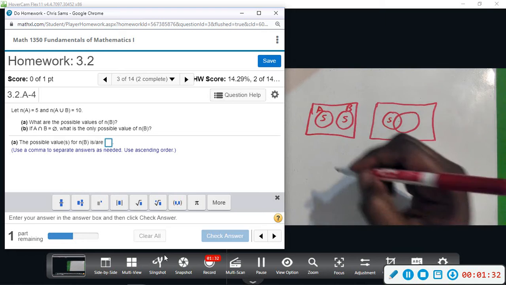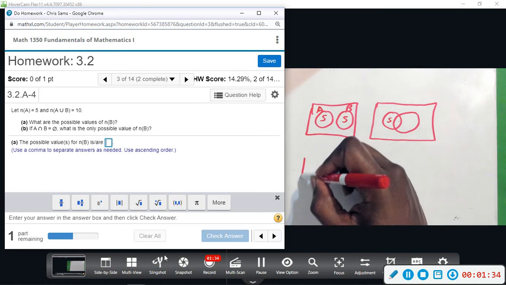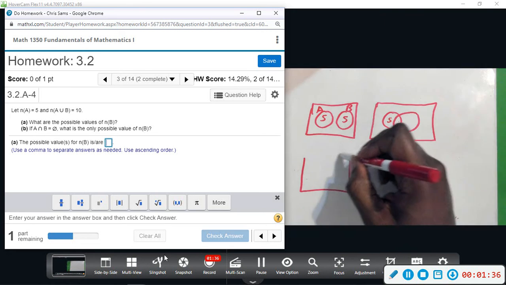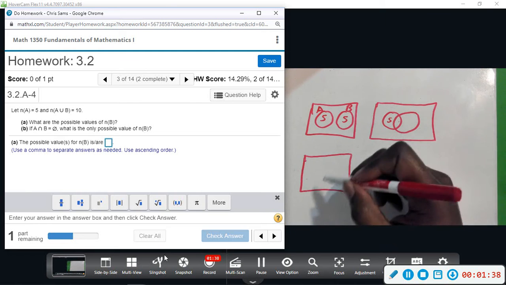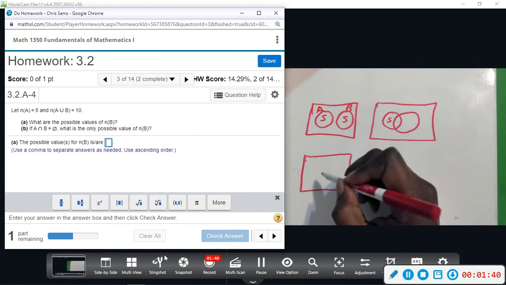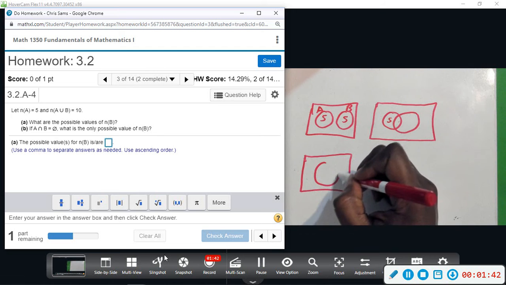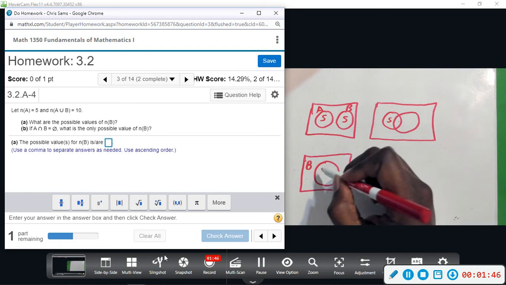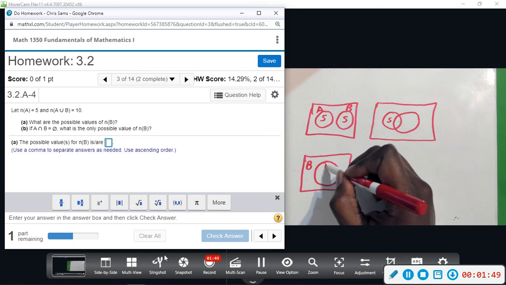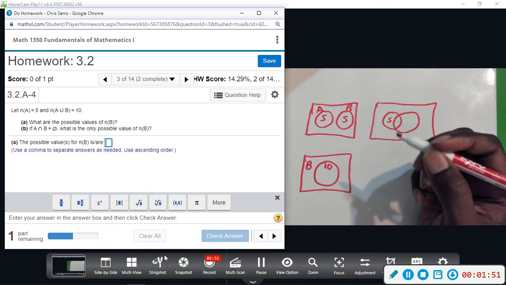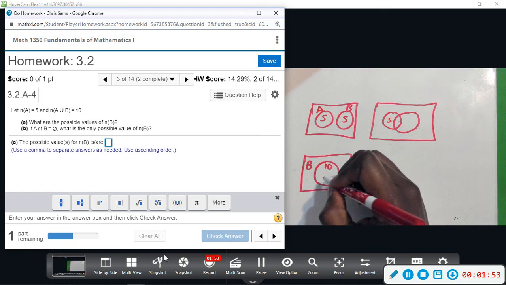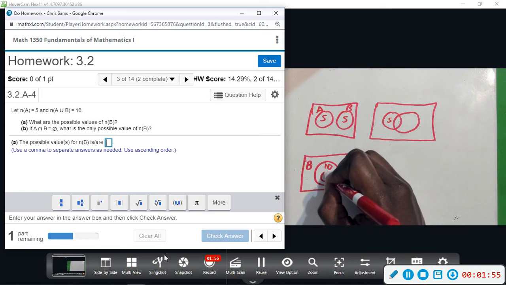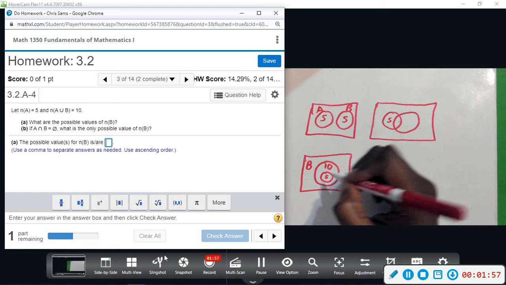So let's take the worst case scenario. Let's think about the biggest B could be. So we know that A union B has 10. So what if B had 10 elements in it? That would mean that circle A, all 5 of those are also here.